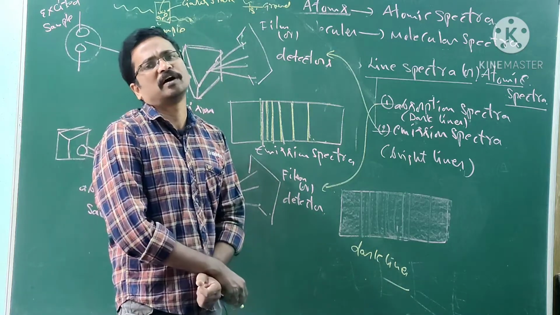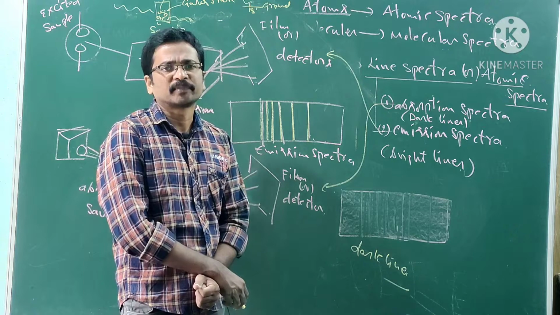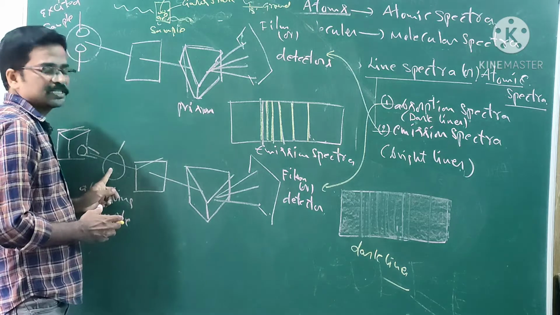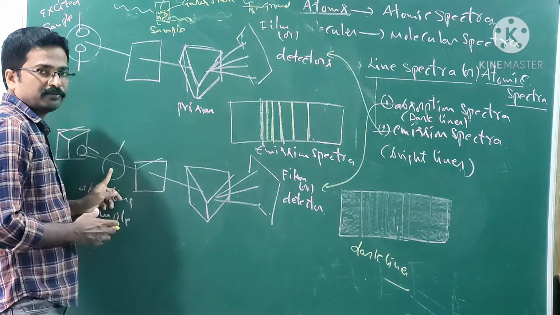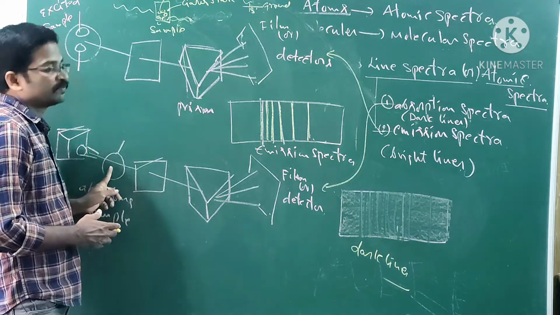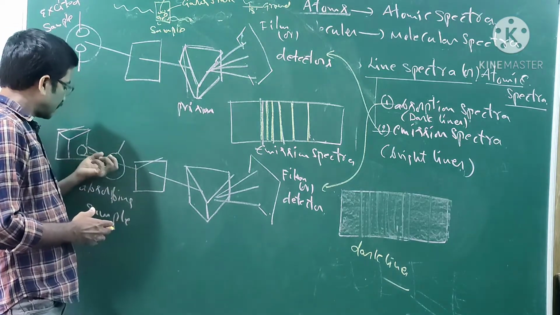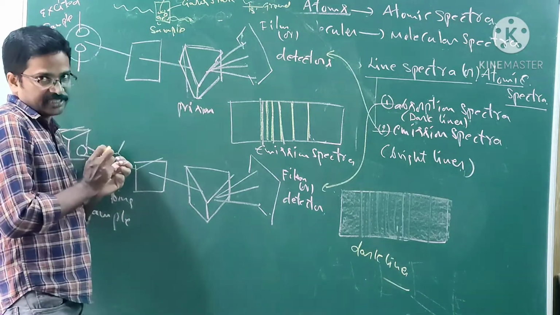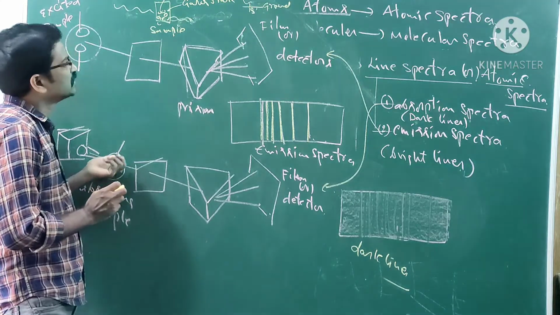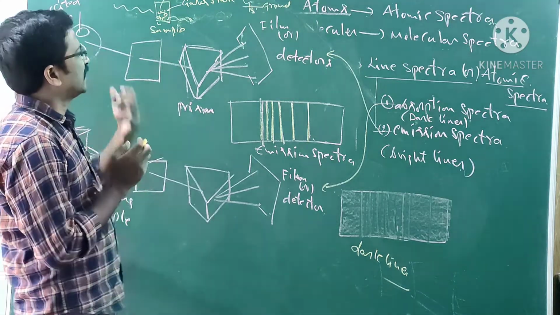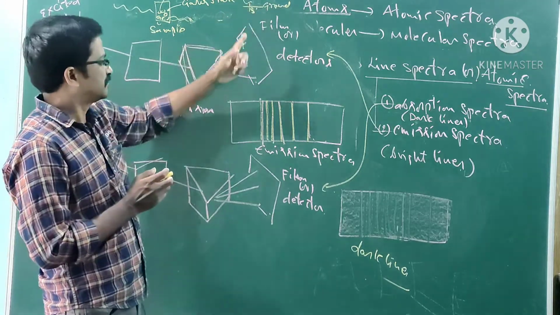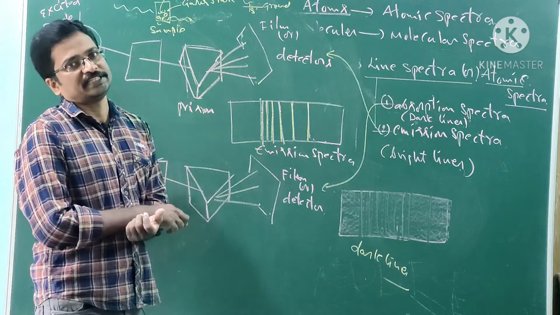Why are dark lines present in absorption spectra? Because whenever white light falls on a sample, the sample contains atoms in gaseous phase. These atoms absorb certain energies, and the atoms utilize that energy for the electron to go from a lower energy state to a higher energy state.